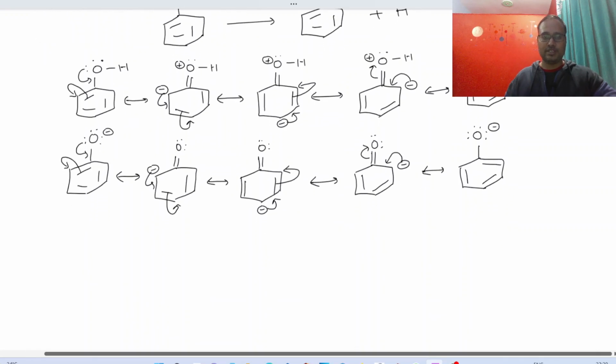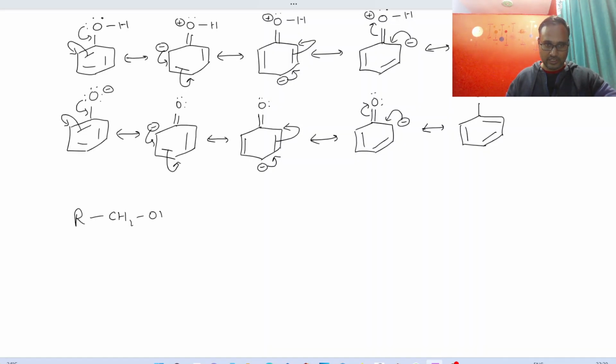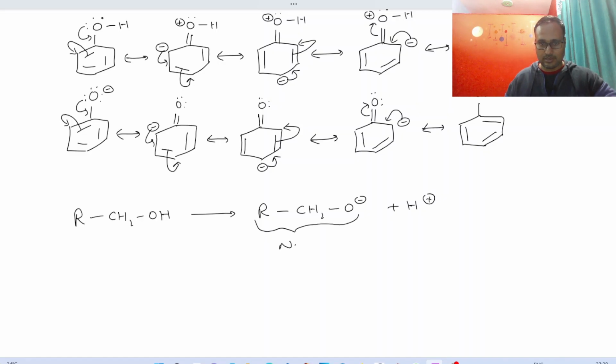If we compare phenol to ethanol, ethanol is RCH2OH, or any primary alcohol, ethanol being CH3CH2OH. So the dissociation can be shown as RCH2O negative plus H positive, and this structure is not resonance stabilized.